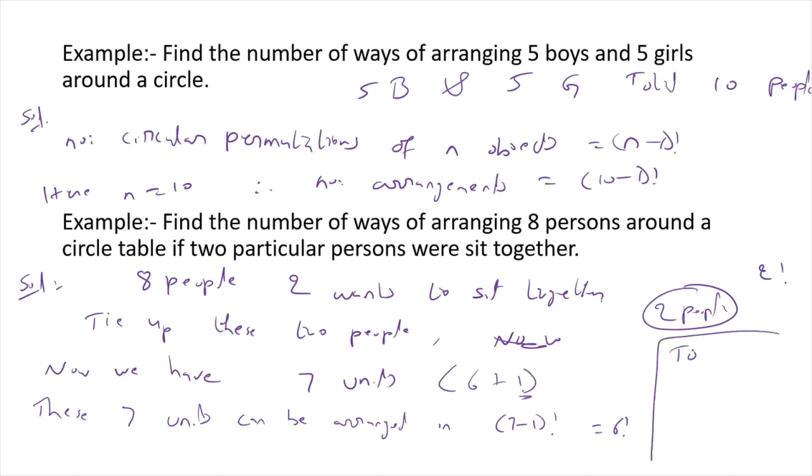Therefore, the total number of arrangements is equal to 6 factorial times 2 factorial. The number of ways of arranging these 7 units is 6 factorial, but in this 1 unit consisting of 2 people, I can arrange these 2 people among themselves in 2 factorial ways. Therefore, the total number of arrangements is going to be 6 factorial times 2 factorial.